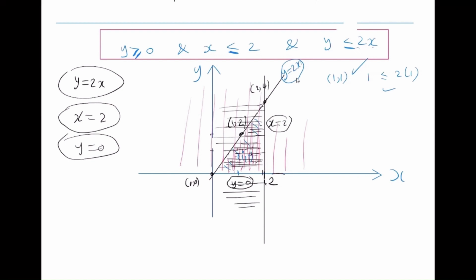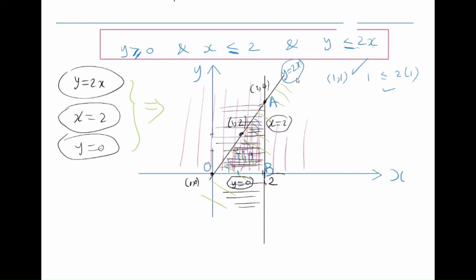The green, y less than 2x, we come to this region, less than this line. So what we are looking for now is the region satisfying all of these three conditions at the same time. Satisfying the blue, satisfying the red, satisfying the green. Where is that? This triangle here. Yes, exactly. The triangle A, B, C.